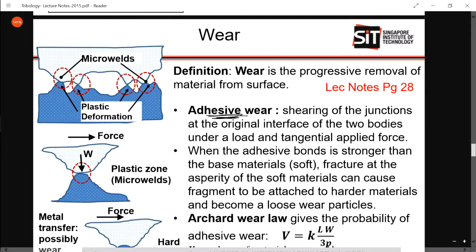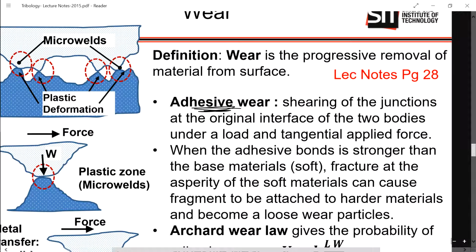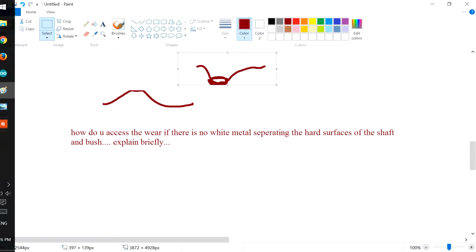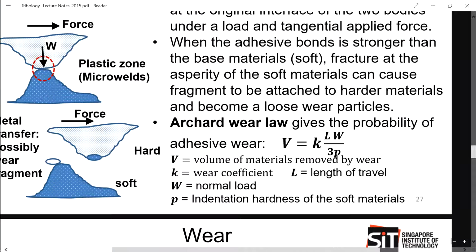There is adhesive wear, and for adhesive wear you need to take note of the definition. Adhesive, by the name itself, this is the hardened material, this is the softer material. If you put them together like this, adhesive means that the softer material will adhere onto the hardened material, and then when you turn, the whole thing will be removed, and this is being explained here as you can see.